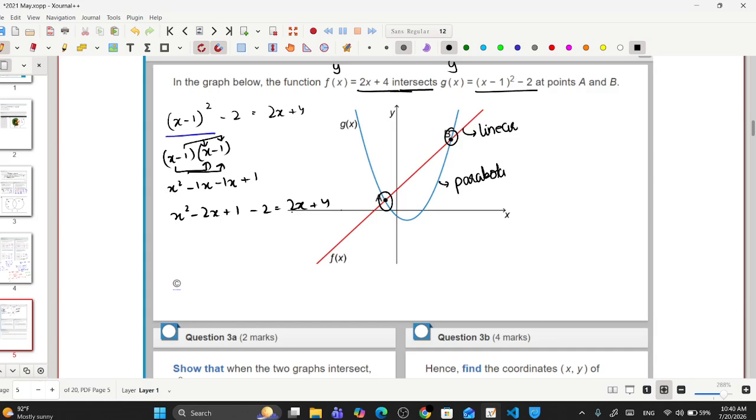So we have x squared, minus 2x minus 2x becomes minus 4x. 1 minus 2 minus 4: 1 minus 2 is basically minus 1, and minus 1 minus 4 is minus 5, and the entirety of this is equivalent to 0. This is exactly what we were supposed to show.